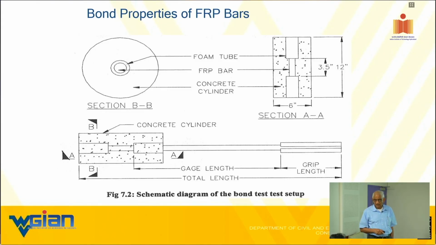You understand? So we had to construct an elaborate apparatus to simulate the bending effect. You don't have to know all that. As long as you appreciate that in reality, when I'm dealing with the bond, I am going to keep in mind that this is not only a pull-out effect, but also a bending effect associated with it. Flexural bonding. Right. But it's so difficult to do that test.